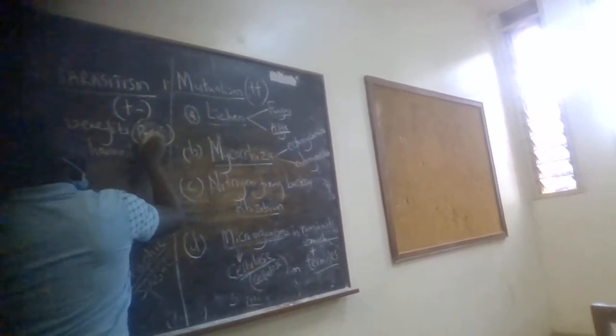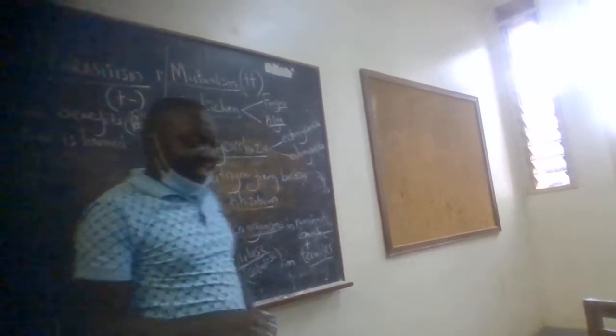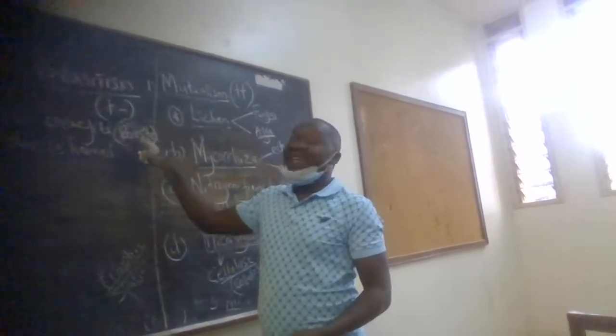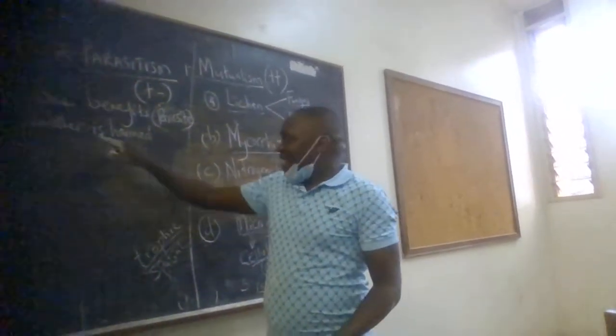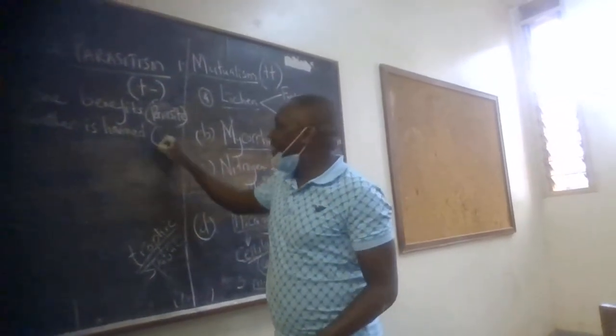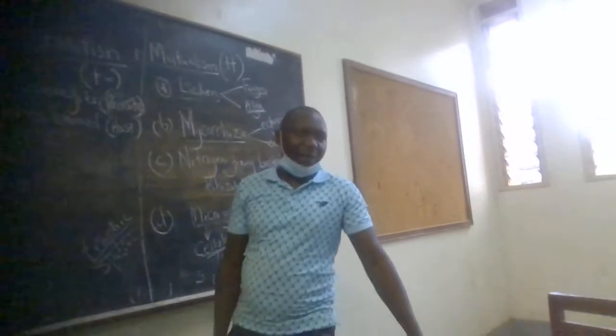And the one who benefits is the parasite. The host does not benefit; it is the parasite that benefits. Another organism suffers harm, and this is the host. Are we there?